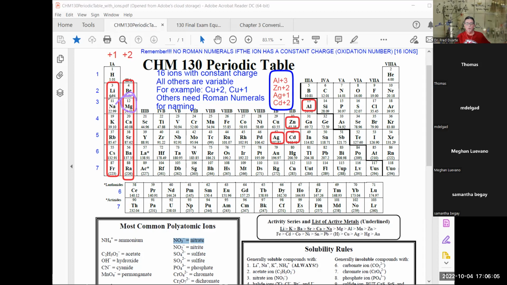What type of ion will magnesium create? What charge would that ion have? A positive charge, Samantha, would be correct. That's half correct. Let's get the other half. Specifically, what is the magnitude of the positive charge?